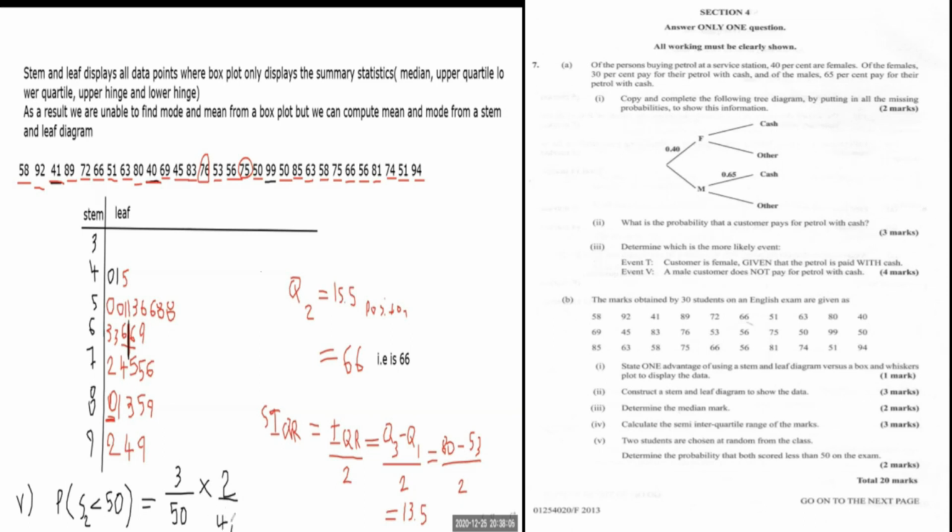So this is the probability that both of them get less than 50. In reality, it's 6 over 50 times 49, which is 2,450. So it's pretty much saying it's very unlikely that 2 of them chosen get less than 50.